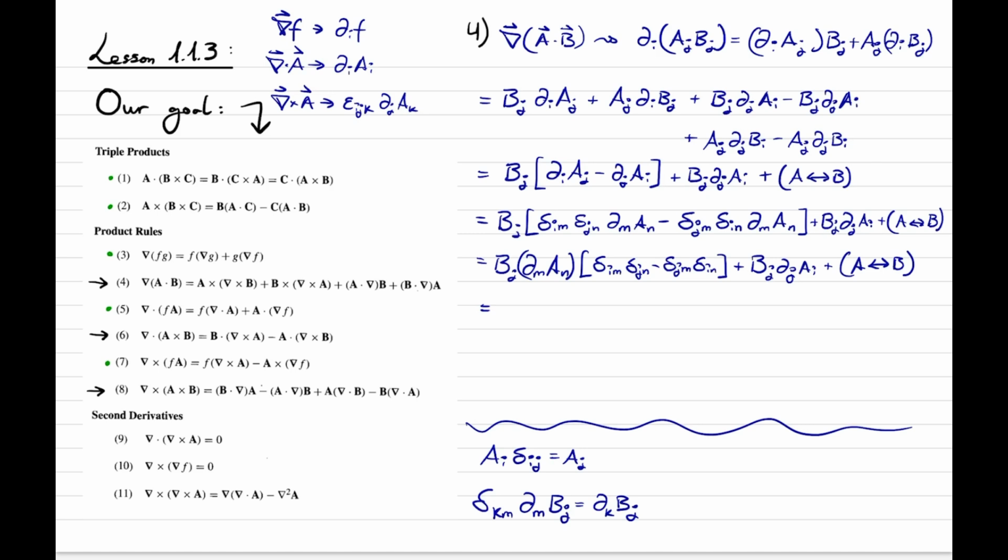And now we can see that this is basically epsilon_ij. Now we need a dummy index, for example k, with epsilon_mn and the dummy index k.